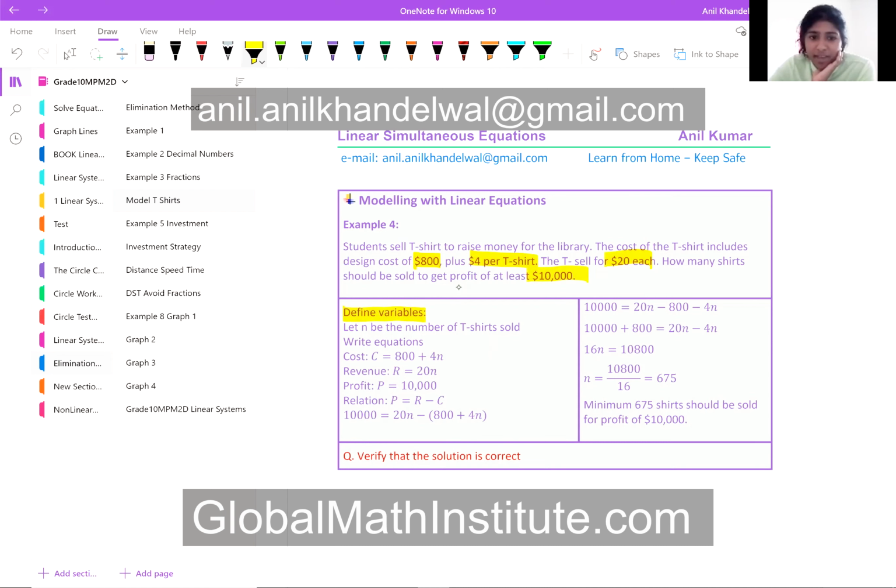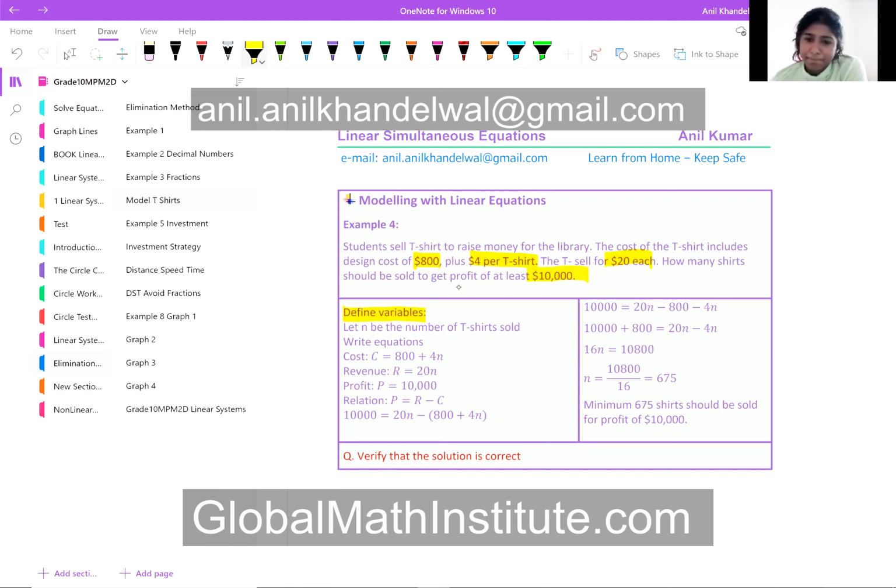And then we know the profit is 10,000, so it would have to be 10,000 equals... 800 is the design cost, so that is included in the making of it. So you would have to do the selling cost, which is 20x minus 4x. Oh, you used n. I used x. It doesn't really matter, it's just a variable. So 20n minus 4n minus 800.